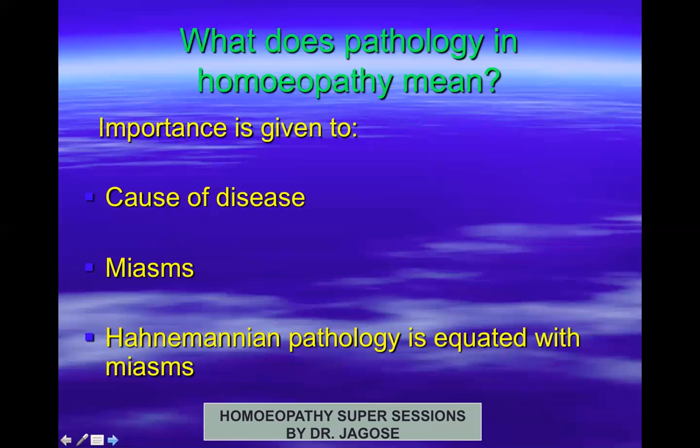Secondly, you also have to identify the expressions and see which expressions fall under which miasm. So a patient will come to you at a point in time, not necessarily in the beginning of the disease, that is the psoric miasm. He may come to you in the middle of the disease, that is the sycotic miasm. For example, take pain in the knee joint.